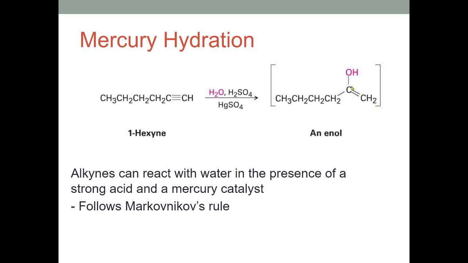However, we still have a double bond. And what can happen at this point when we've generated what's called an enol, that's an alkene and an alcohol, sharing the same carbon here, an enol. When we've generated this, enols can do something called tautomerization. Super cool word. Tautomerization is where we can have a rearrangement here.